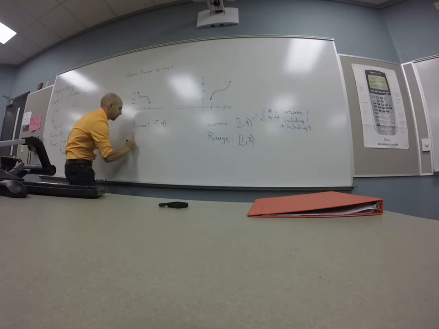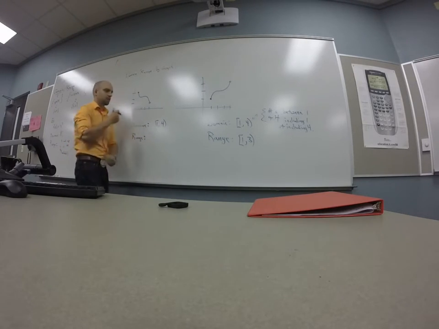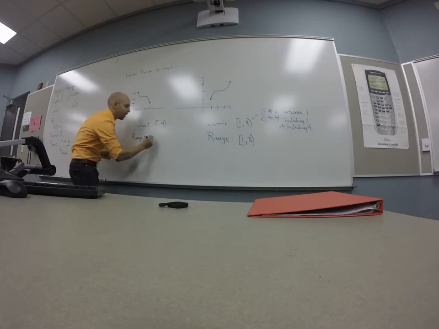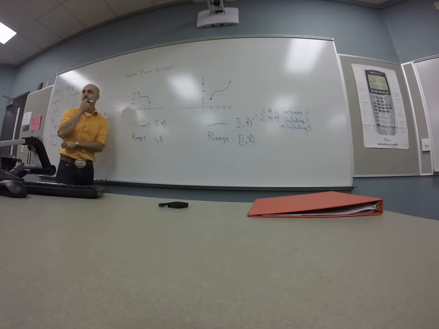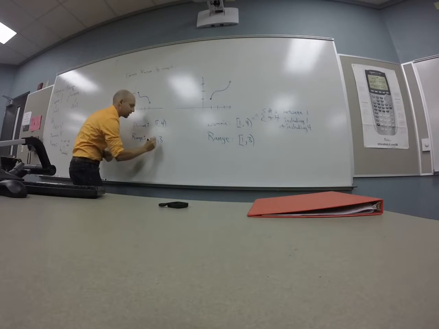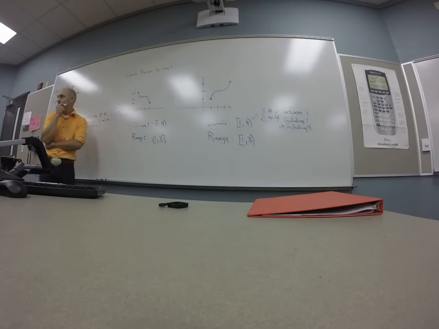Okay, now when we talk about the range, see, so when I smash again, I get 1 to 3, right? And now I need to decide on brackets. Yeah, but now 3 has something that goes to it, but 1 doesn't. You guys see that?